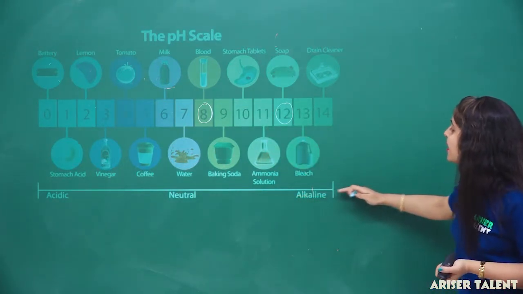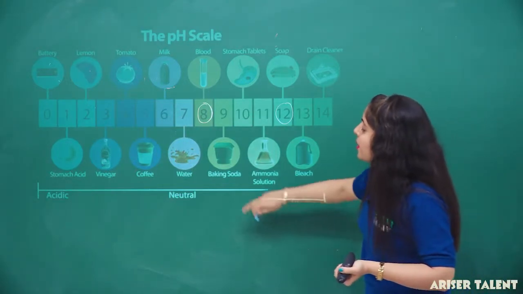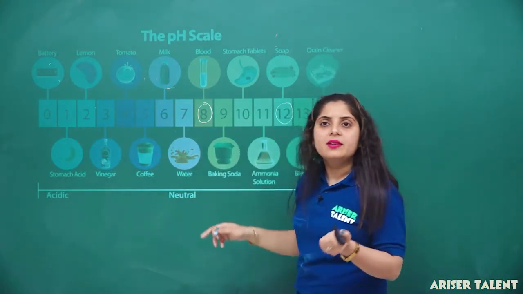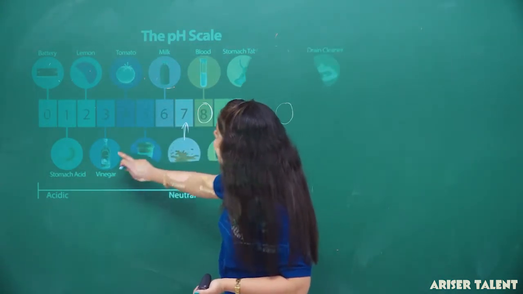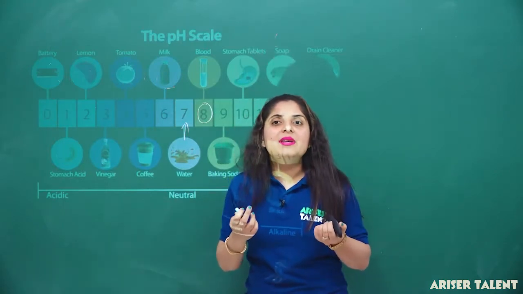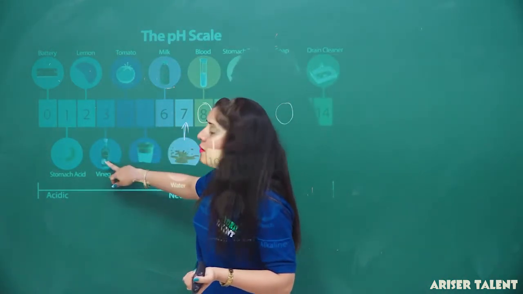It means on this side the alkaline nature of the substance goes on increasing. I am again considering water, a neutral solution having a pH of 7. If I am taking vinegar, it is basically acetic acid, with a pH of 3.